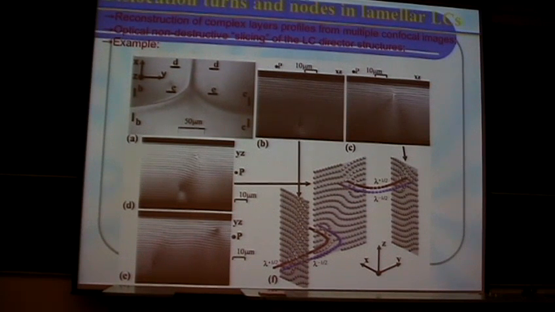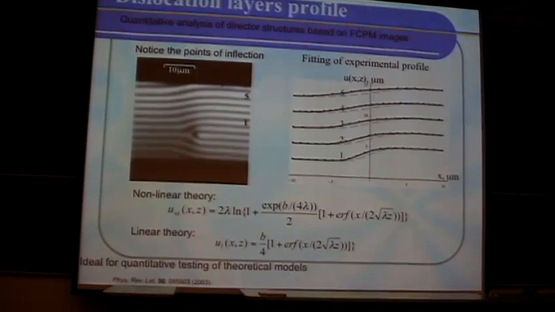By obtaining those different slices of the sample, you can easily get insights into the director structure and molecular alignment distribution in the sample.